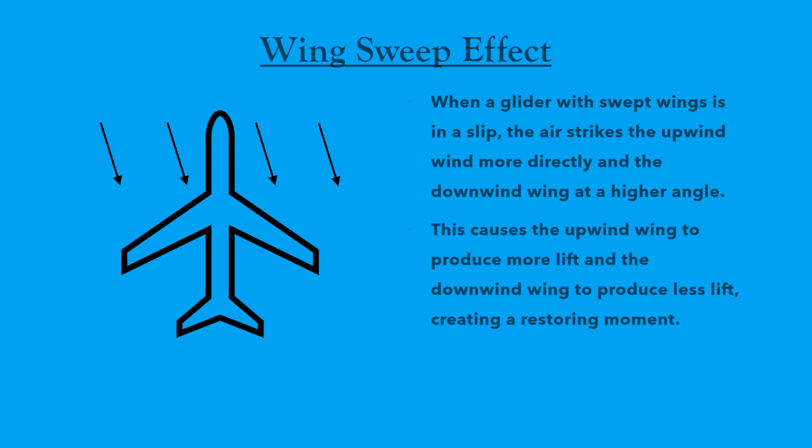That will cause the upwind wing to produce more lift and the downwind wing to produce less lift, which creates a restoring moment. It's uncommon for gliders to have a large degree of positive wing sweep.